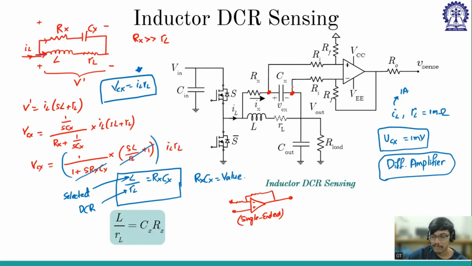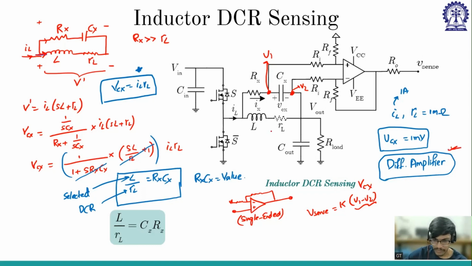So I am taking the differential voltage, right? Say this point is V1, and this point is V2. I want my gain output Vsense to be some K into V1 minus V2. So this is a difference, which is equal to VCX and non-zero. So I want the differential voltage to be gained. That's why I'm using a differential amplifier.